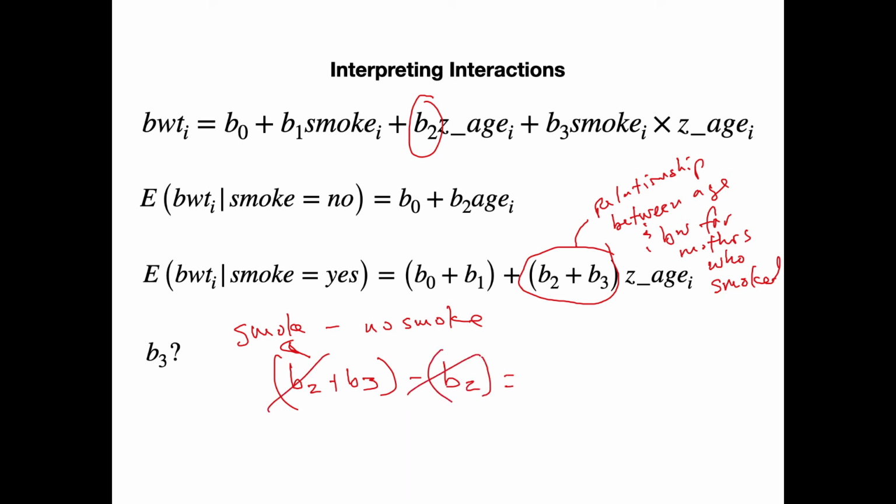You reduce that, and you get B3. So B3 represents the difference in the Z age slope, the standard age slope, for smoking moms versus no smoking moms.